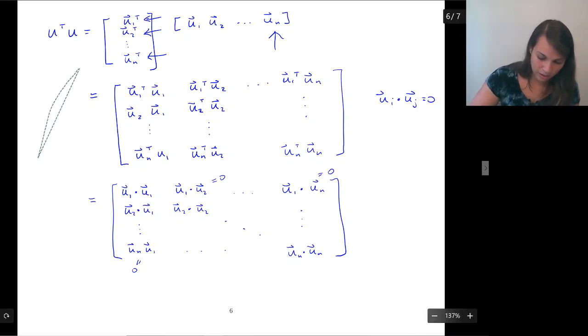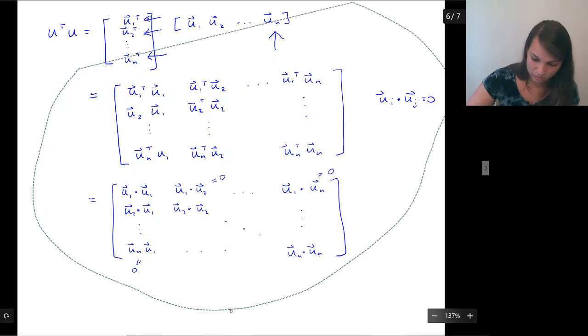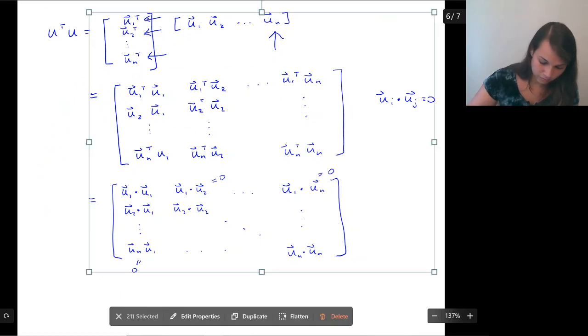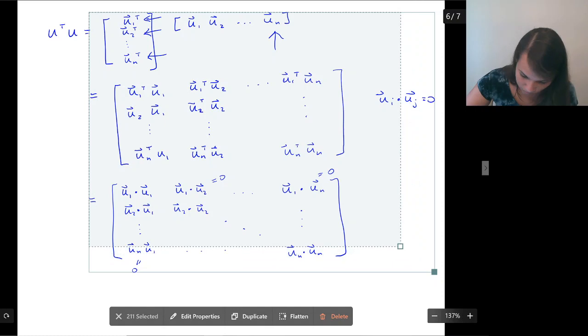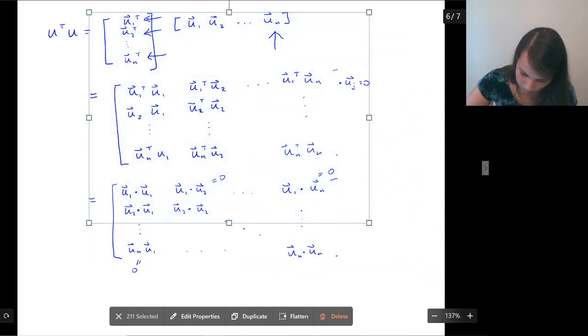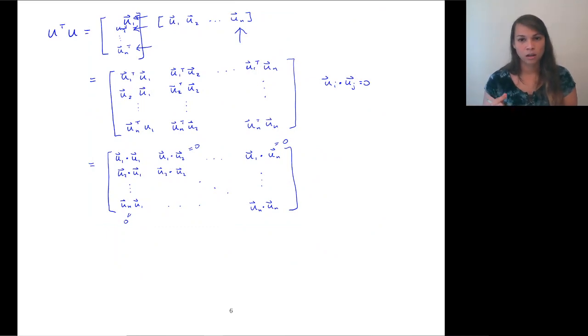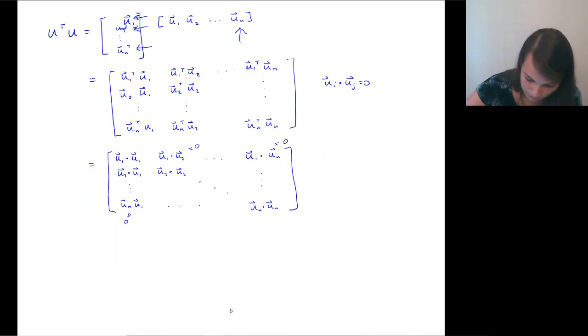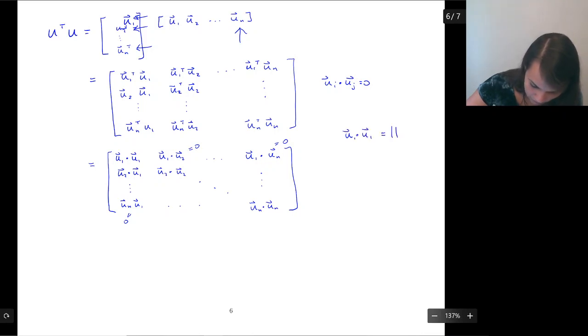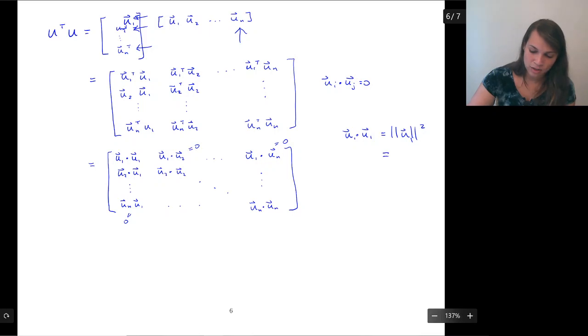But what about the diagonal? Well, orthonormal also implies unit vectors. Remember that U1 dot U1 is really just the squared length, but we know the length is 1.